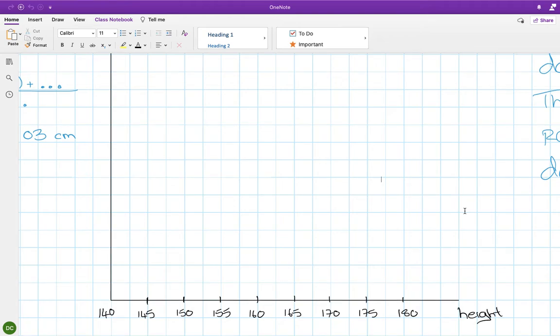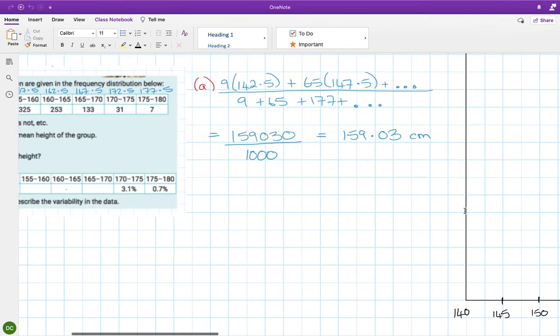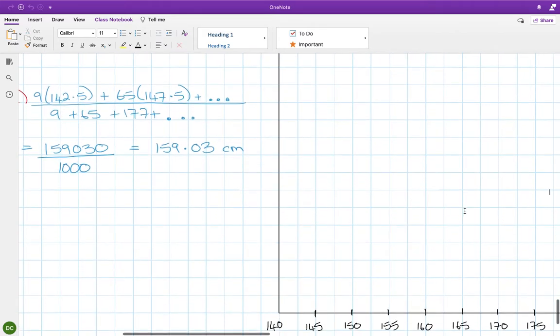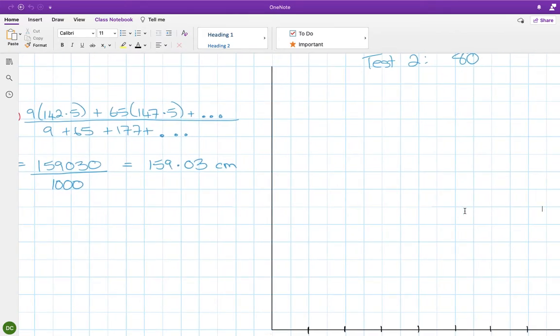Again, don't forget to label. So that's the height in centimeters. Now, I have to get up to 325 here. I wonder, can I go in 25s? 1, 2, 3, 100. 1, 2, 3, 200. 1, 2, 3. Yeah, okay, I can go in 25s.